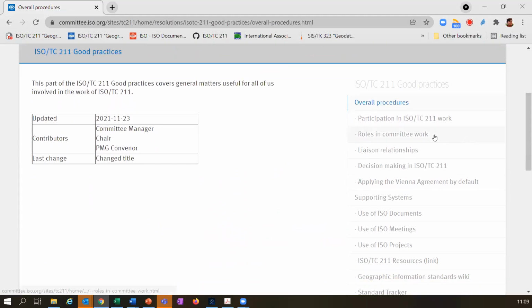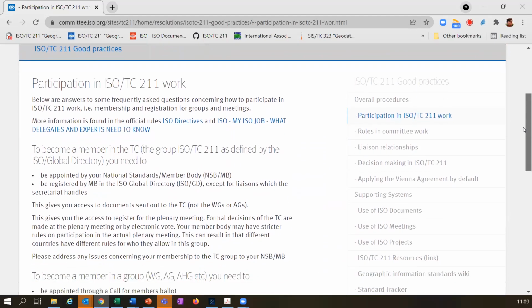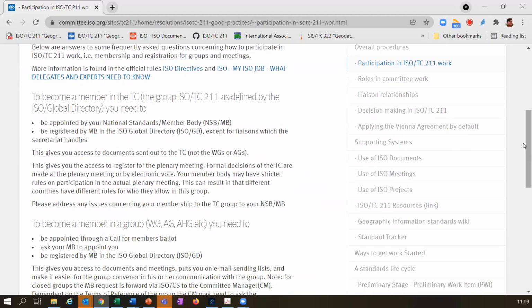The overall procedures. We have participation. How do you become a part of the work? Important again to talk about those kinds of things: we have to be registered in the ISO Global Directory to be able to access the correct documents, to be able to be invited to the correct meetings and stuff like that.